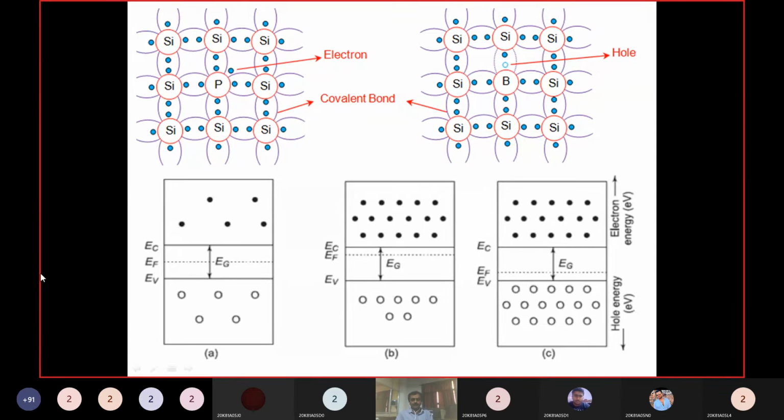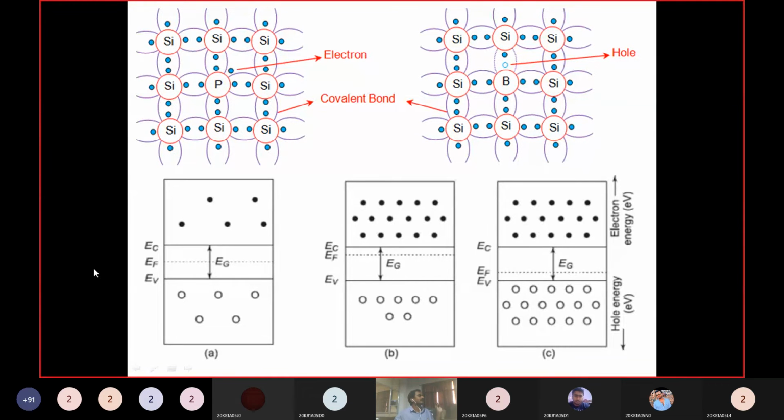At lower temperature, that is absolute temperature, there are no electrons in the conduction band, whether you take metals or semiconductors. There is a maximum energy of electrons at absolute temperature.